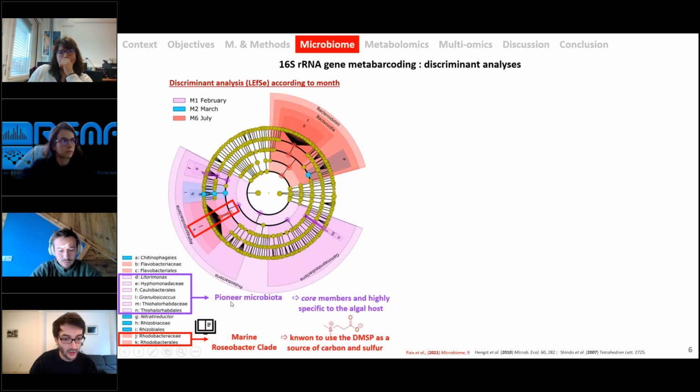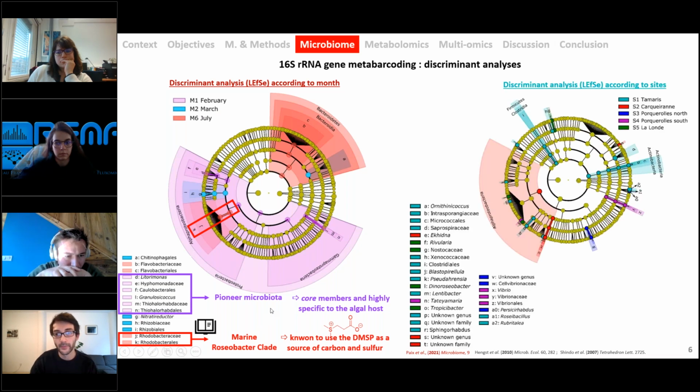And when we go further over time, we can find some taxa which are more expressed in July, with, for example, the Rhodobacteraceae, which are mainly affiliated to the marine Roseobacter clade, which is really interesting because they are known to use dimethylsulfoniopropionate, DMSP, as a source of carbon and sulfur.